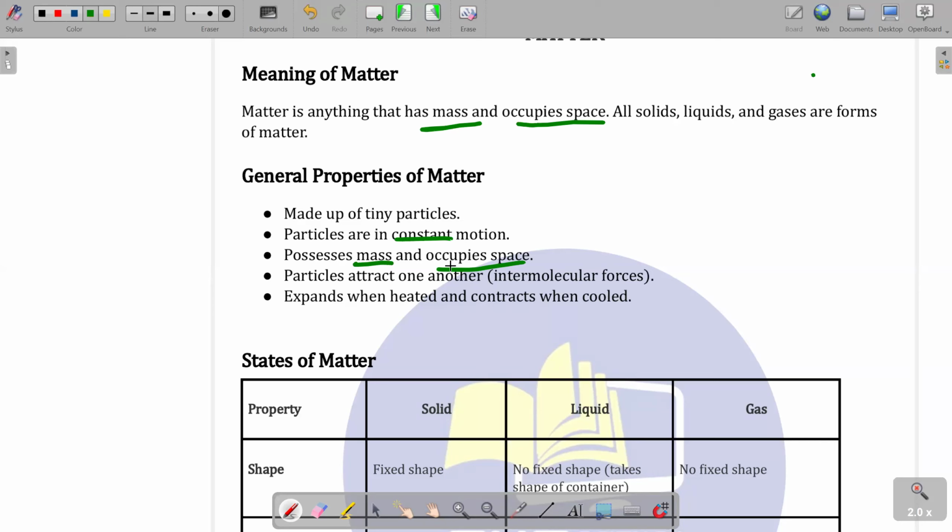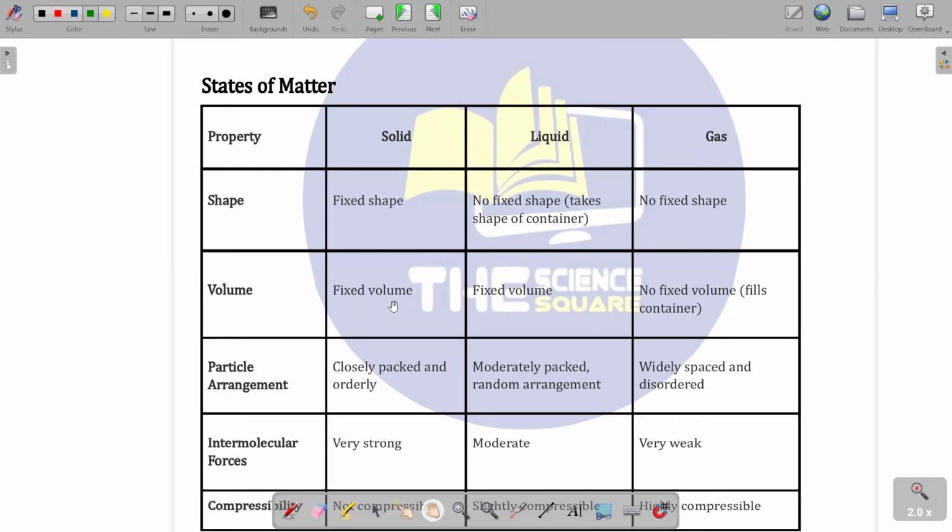If you have a rectangular bucket and you pour water inside it, for example, it takes the shape of that bucket. If you pour that same water into a cylindrical tank, the water also assumes the shape of the cylindrical tank. Both solids and liquids have fixed volumes, because the forces of attraction between their particles are strong, so they maintain their volume.